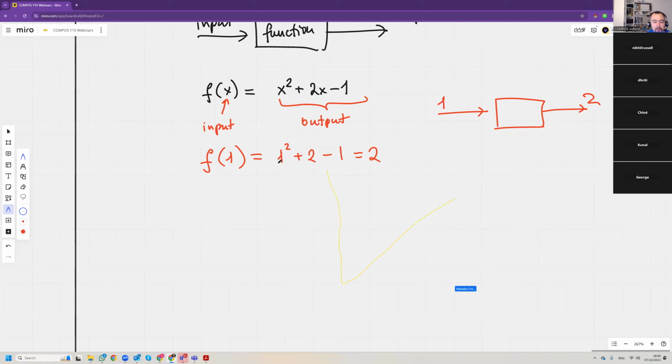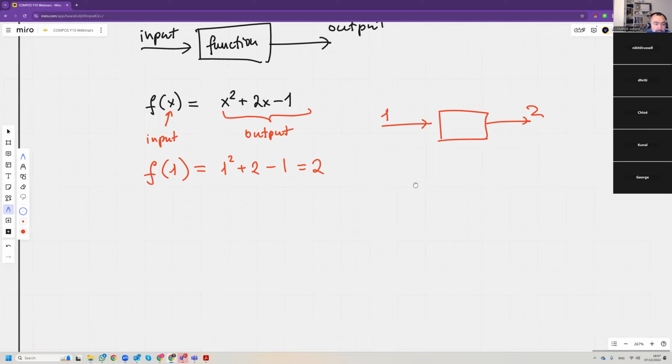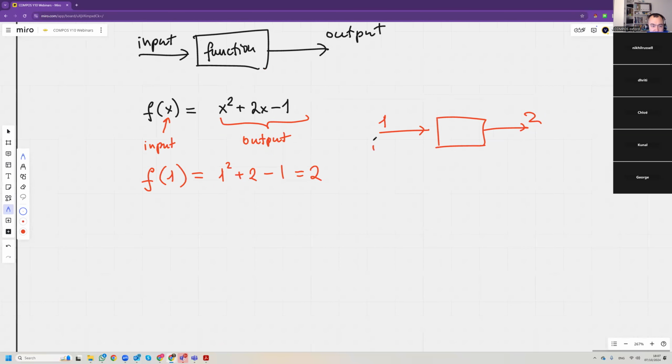So this is the input and this is the output.